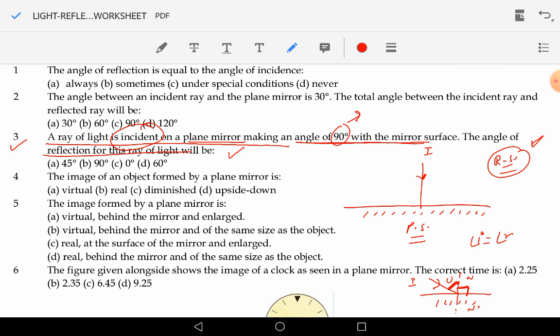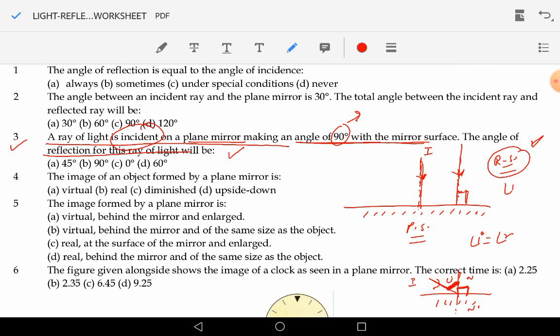Now in this case, can I say that the incident ray and the normal are coinciding with each other? This is how the normal is. It is also 90 degrees, perpendicular to the plane of the mirror. And on the same line, the incident ray is also falling. So what is happening? That arc is now getting reduced to 0.